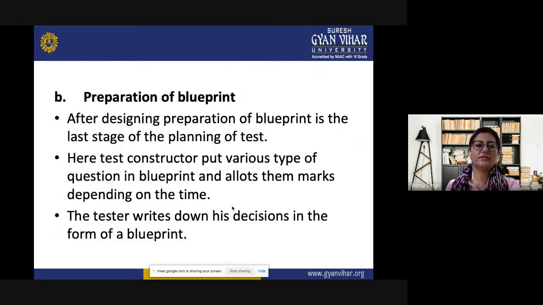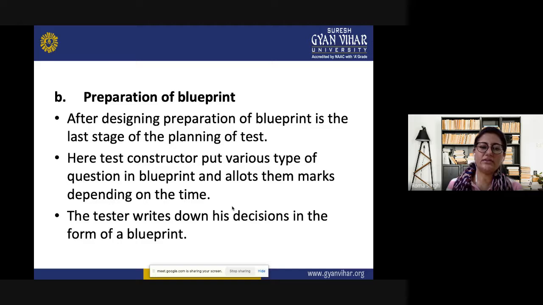Then the next step in this is preparation of blueprint. So after designing, preparation of blueprint is the last stage of the planning of test. So here the test maker puts various types of questions in blueprint. It is a matrix kind of format, where the marks are allotted depending on the time.